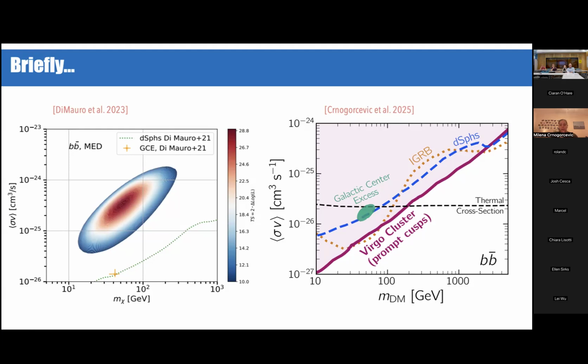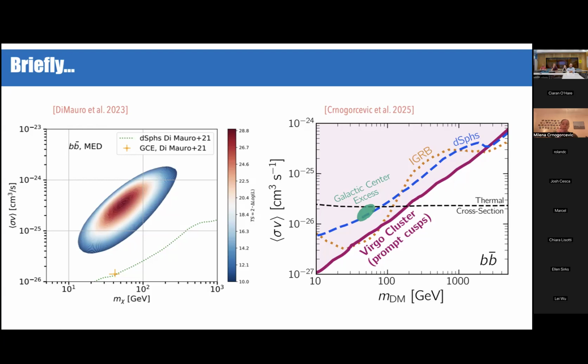In our paper that we recently submitted, we show on the right another use of the galaxy cluster observations in gamma rays to put some of the most stringent limits on the dark matter WIMP particle.